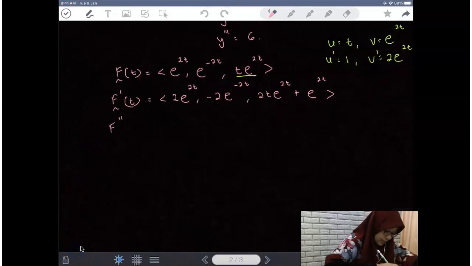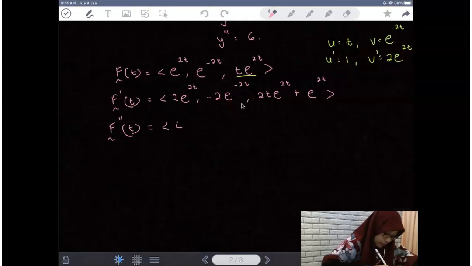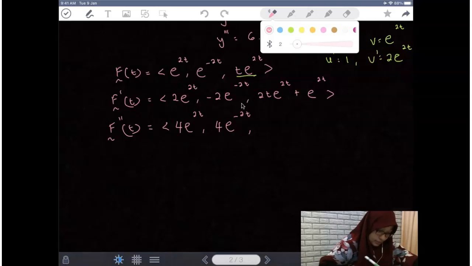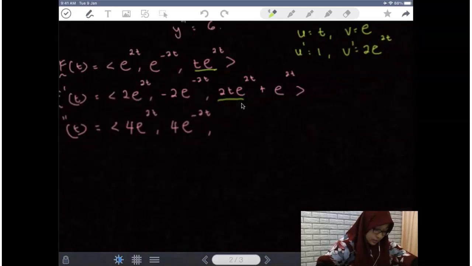For the second order derivative, we differentiate all the components again with respect to t. So we got 4e to the 2t, 4e to the minus 2t, and here for this you need to apply the product rule again.